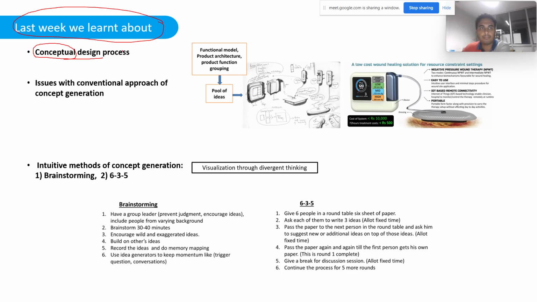Okay. So a concept is basically an approximate description of a particular technology or a functionality of a product, which is going to meet particular customer needs or functionalities. So basically, the concept is an approximate description.